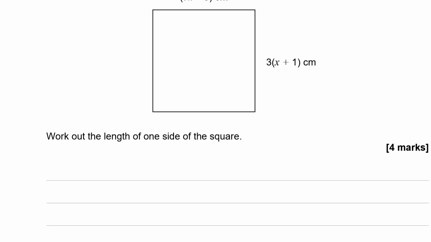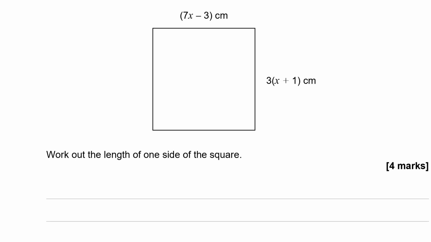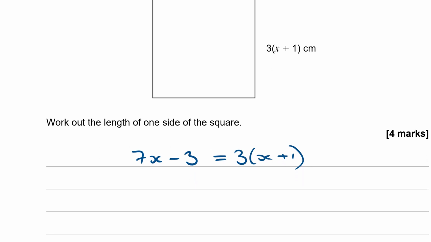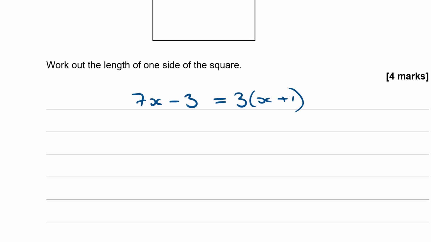So I can write down one side of my square, 6x minus 3, must be equal to the other side of the square, 3x plus 1. So actually all I need to do here really is solve for x. So I've got a linear equation in x that I need to solve. Let's remove the brackets on the right hand side first.